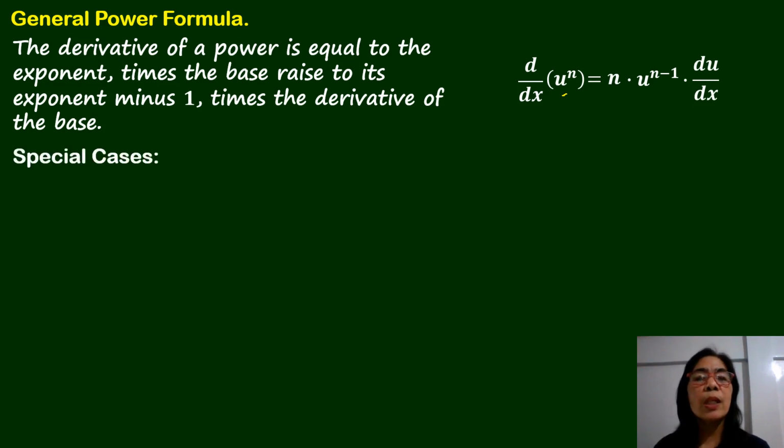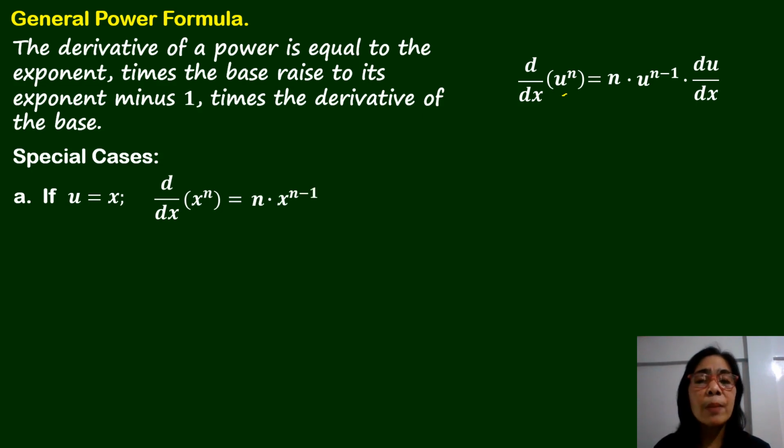So we have special cases when the power formula is applied. First is if the base u is equal to x, so that the power formula becomes the derivative of x raised to n. Applying the power formula, this will be equal to the exponent n times the base x raised to n minus 1 times the derivative of the base, so we have dx over dx.